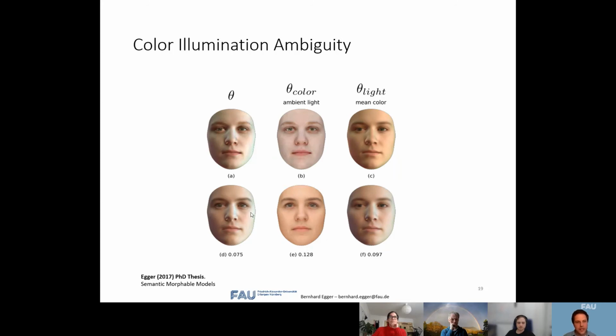And what we presented here is that such ambiguities also hold for faces. So if you have a different light condition, you can't really tell if the face under ambient light would have a very light or a different skin tone.